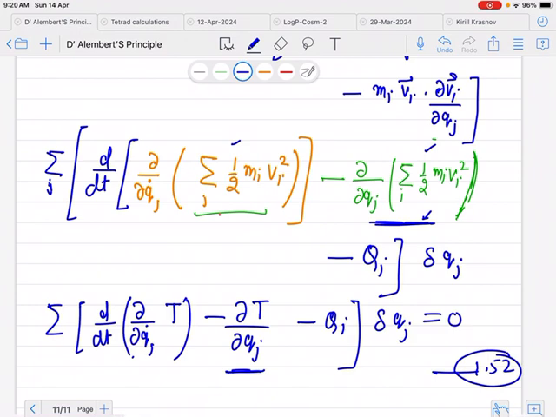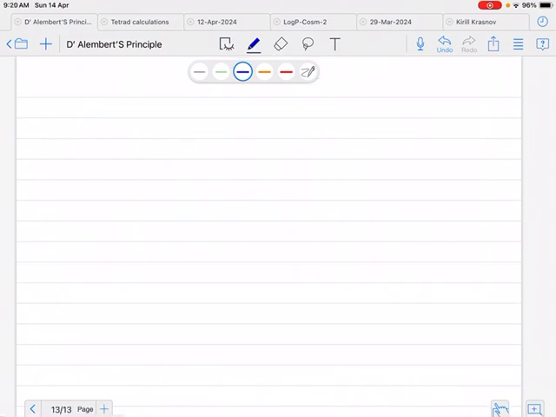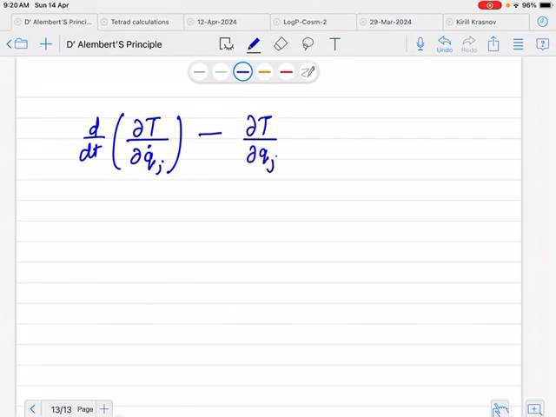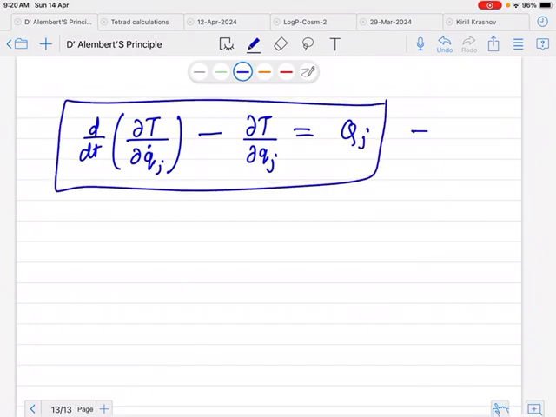So this equation 1.52 in short we can write as d upon dt del T over del qj dot minus del T over del qj is equal to Qj. This is equation 1.53.